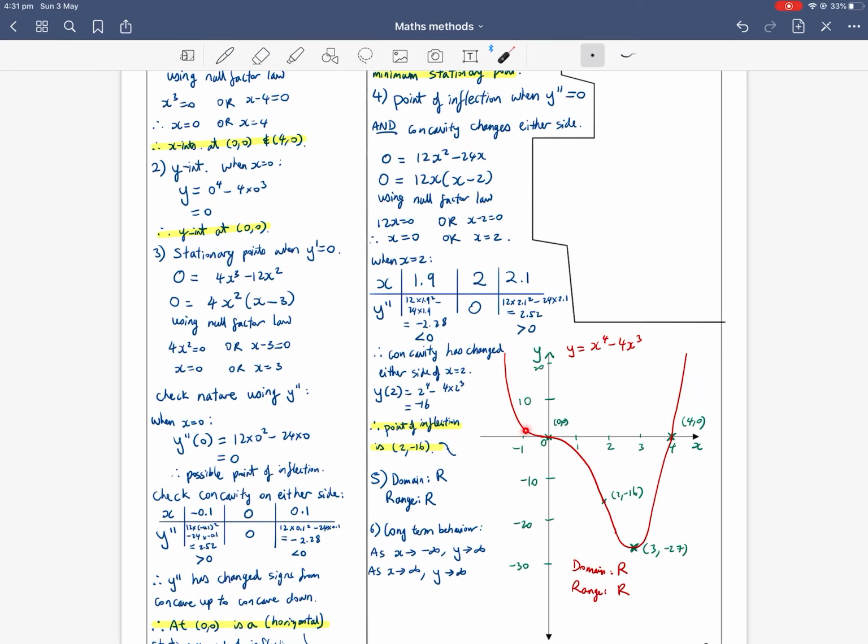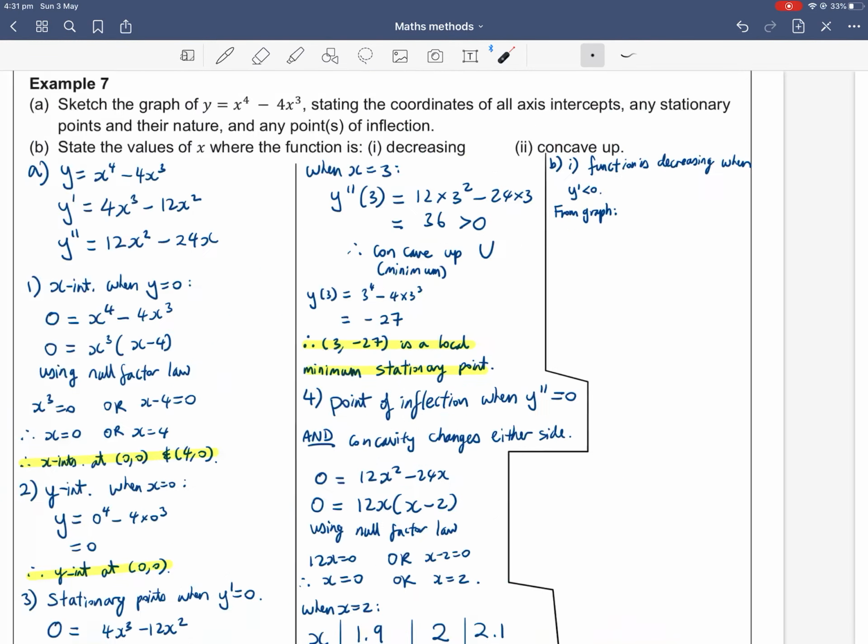So essentially, all these values here, your gradient's going downwards, except for the point at x equals 0, because that's a stationary point. But anything over this side here, your gradient's negative. So for these x values, that's where your graph is decreasing. Because back over here on the right, your gradients are all positive, and that's an increasing function.